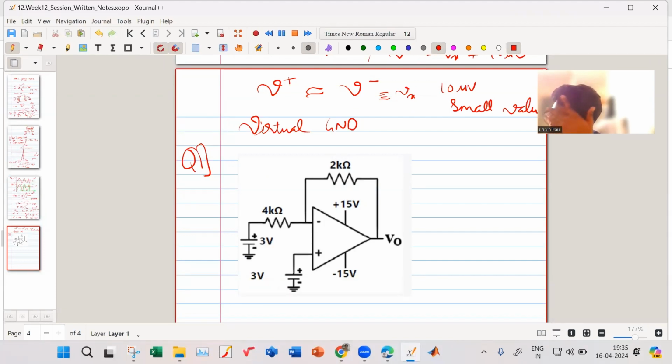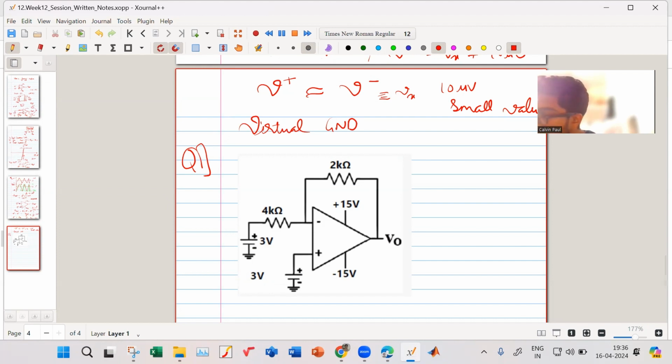So what have they given you? An op-amp, V1 and V2 are given, and the supply voltage is given. They are asking the output voltage.